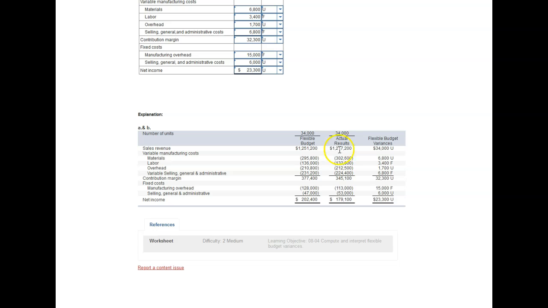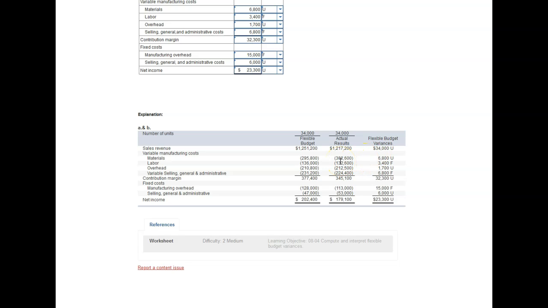Look at what's happening. Your actual revenue was less than what you budgeted at that level. Again, at the 34,000 unit level, these should have been the numbers. Here are the actual numbers. Your actual revenue was less than the standard called for, the budget. That's unfavorable. You had less revenue than you thought.